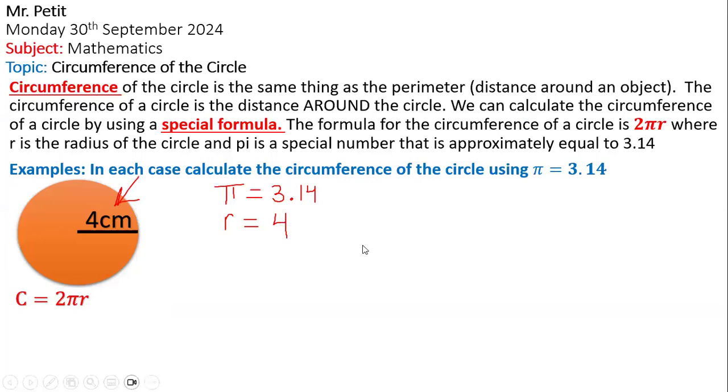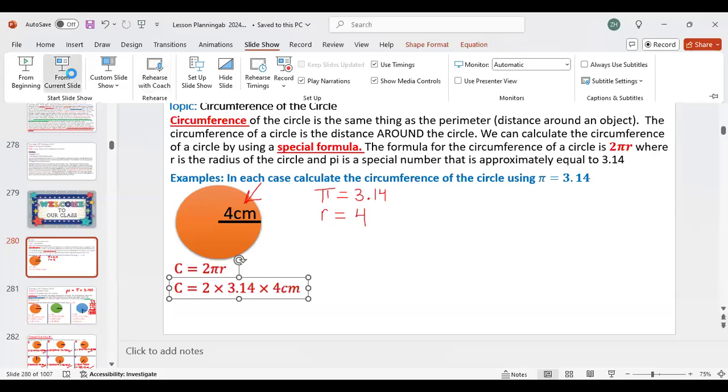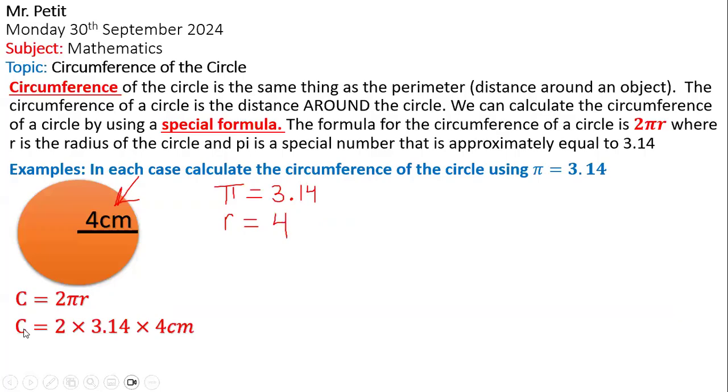So we have to multiply 2 times pi, and what is pi? 3.14. Good. So we have to say that C, which is the circumference, is equal to 2 times 3.14 times 4.